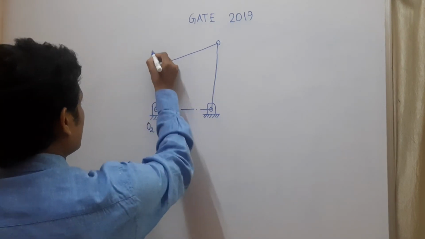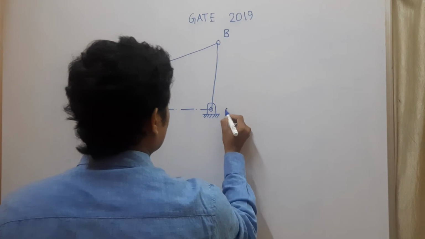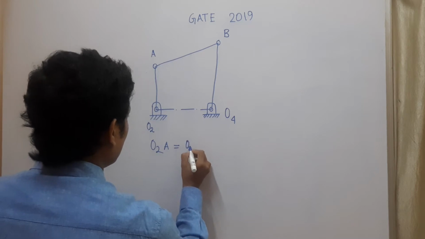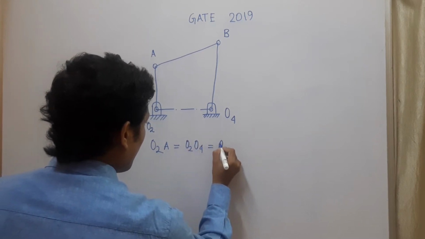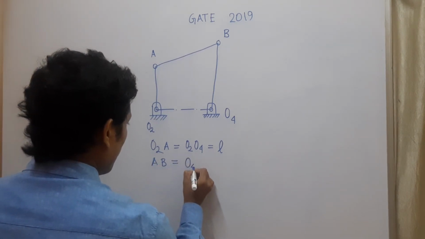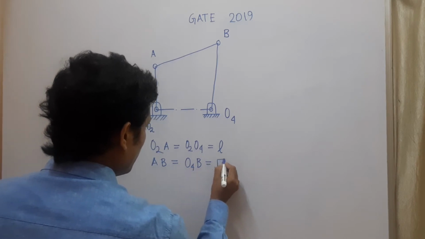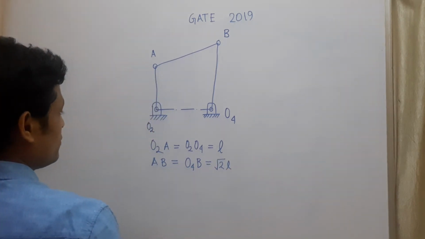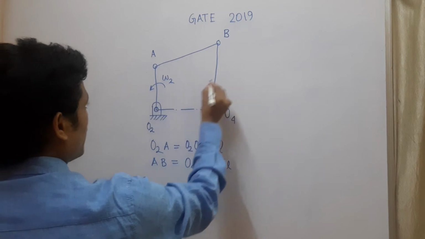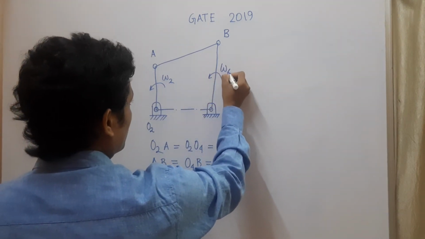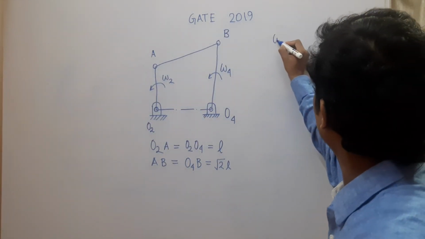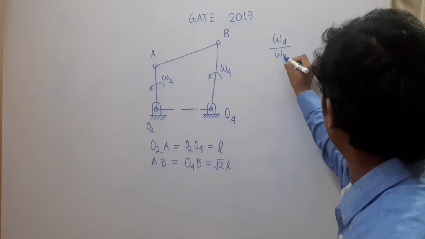Say this is O2A, this is B, this is O4. It is given that O2A is equal to O2O4 is equal to L, and AB is equal to O4B is equal to root 2 L. Rotational speed of O2A is omega 2, and rotational speed of O4B is omega 4. So you have to find out the ratio omega 4 by omega 2.